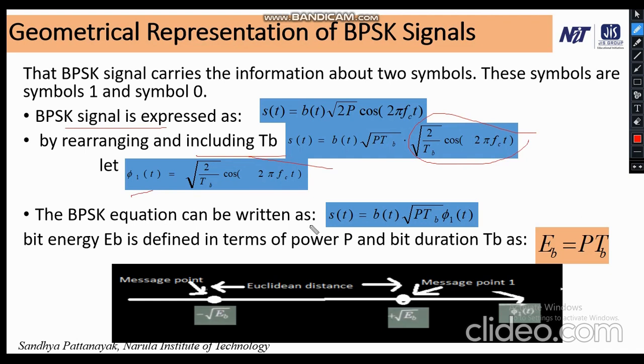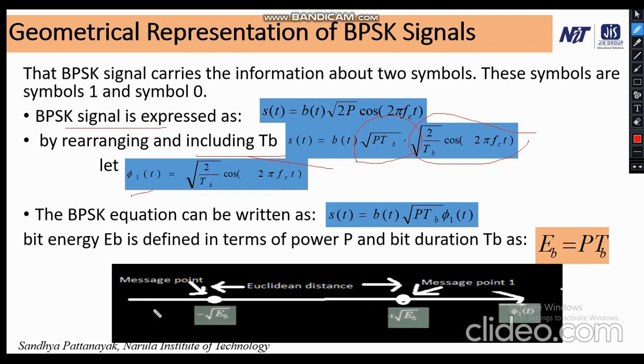Okay, and this root over P multiplied with TB is the energy of the bit. So if we plot the energy of the bit or the symbol on the signal space, along the x-axis we first write down φ1(t), which is equal to root over 2 by TB cos 2πfct.